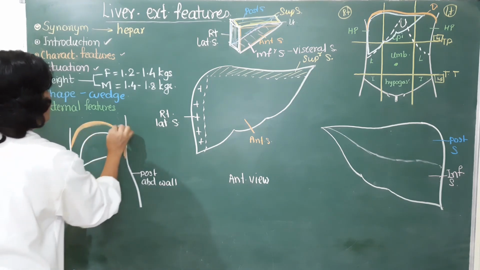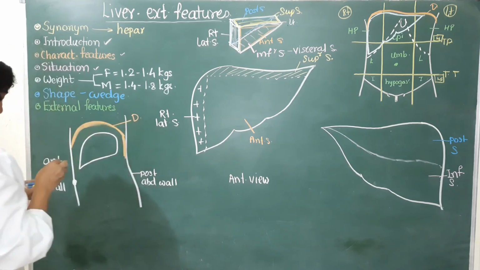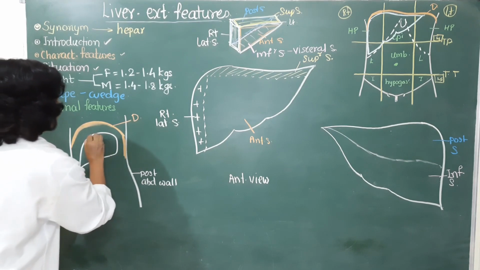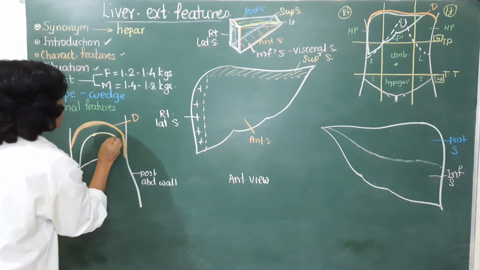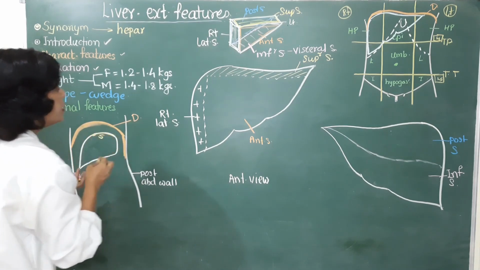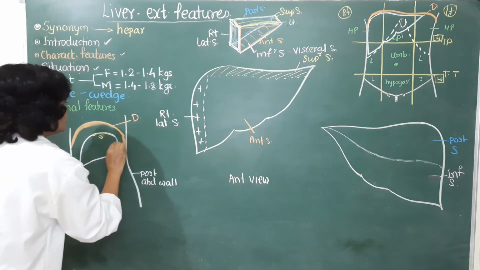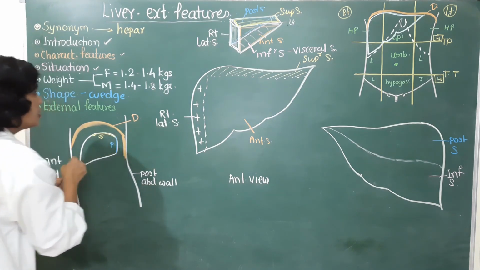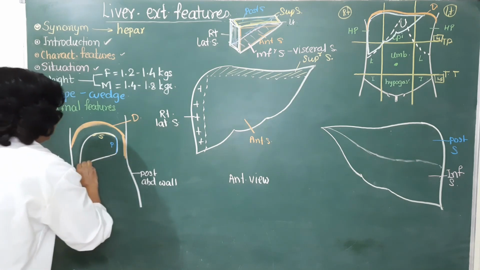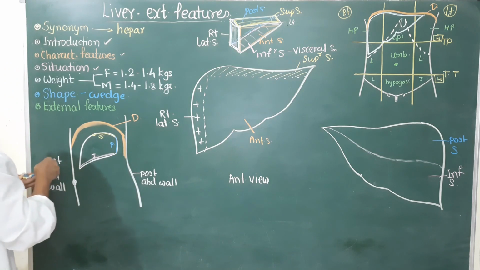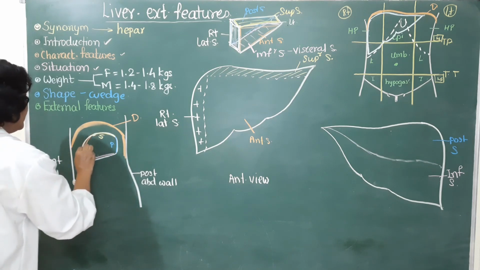This is the diaphragm. Now if you see the surfaces of the liver, here this surface is the superior surface of the liver. Here you get the posterior surface of the liver. This is the inferior surface of the liver, and here is the anterior surface.